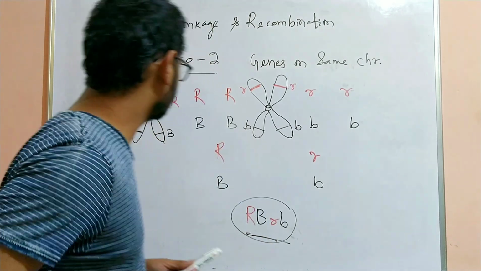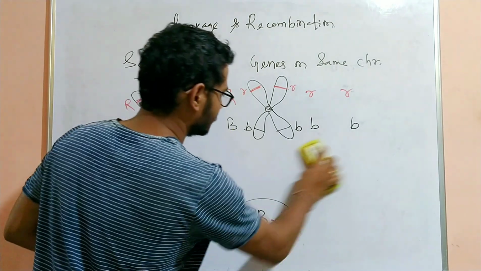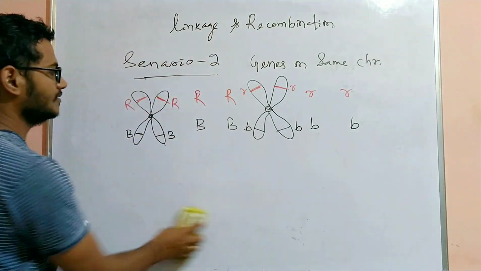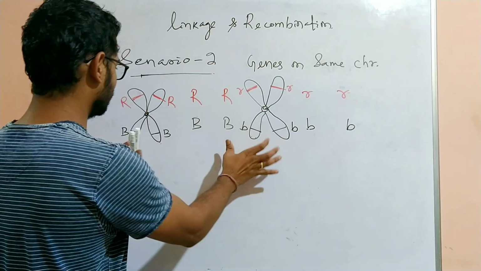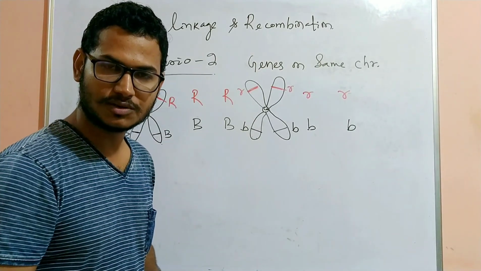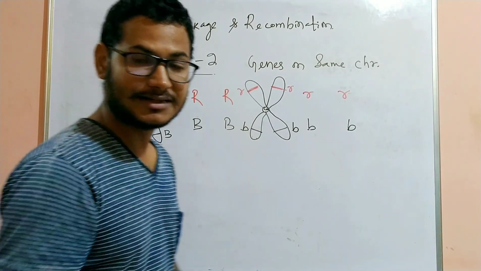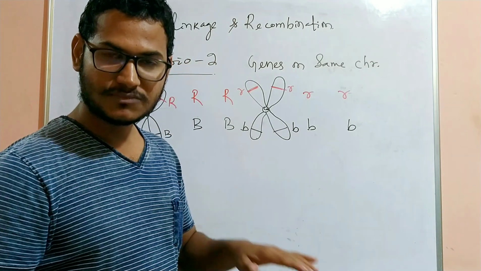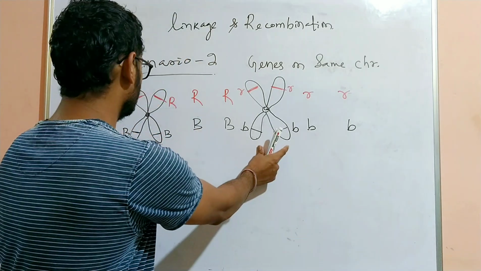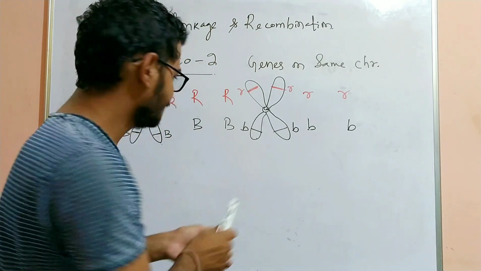So what happens when crossing over occurs? During crossing over, we have the two homologous chromosomes. How will the non-parental character be found in the next generation? These two are located close to each other.